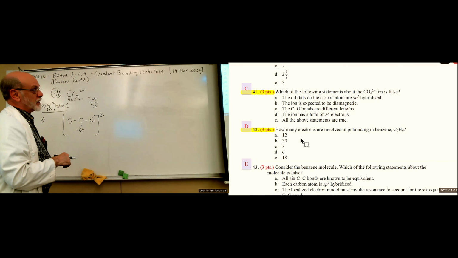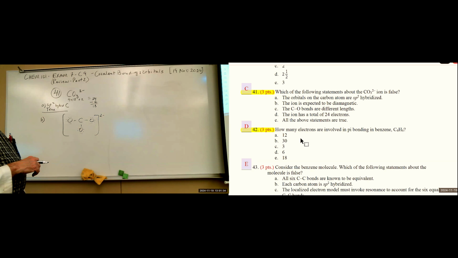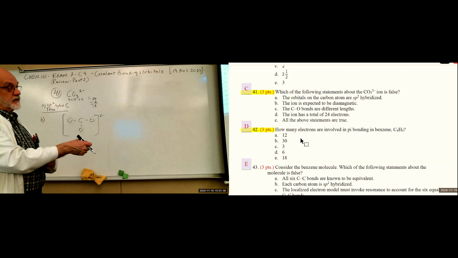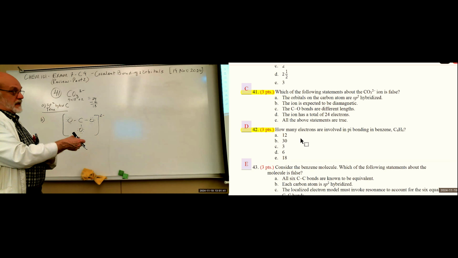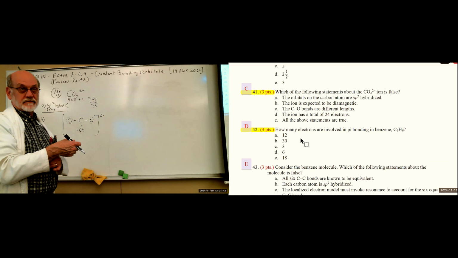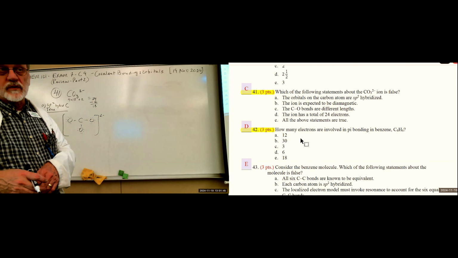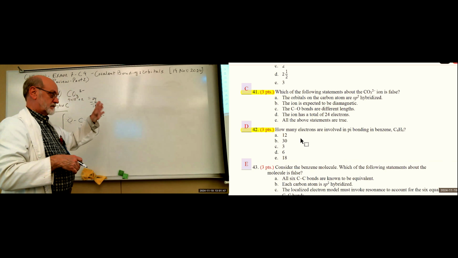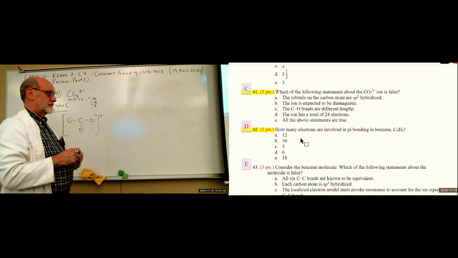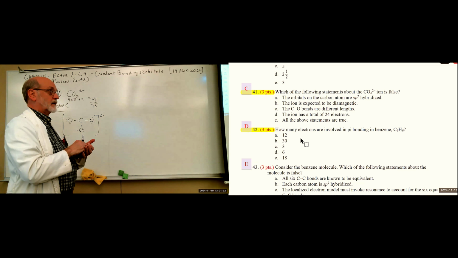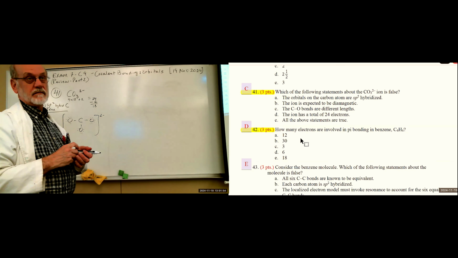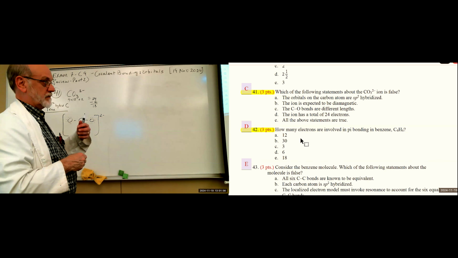If we're working from the VSEPR model, we expect it to be diamagnetic. That's the only way I can rationalize the answer for this one. It may not be diamagnetic, but since we don't have the molecular orbital sequence, we can't fill in the electrons.